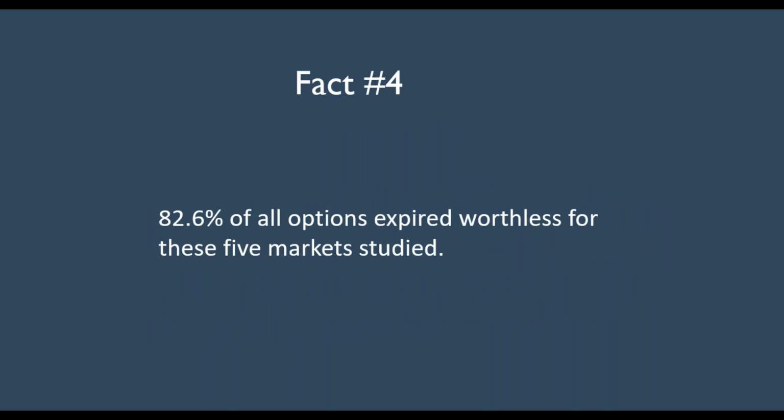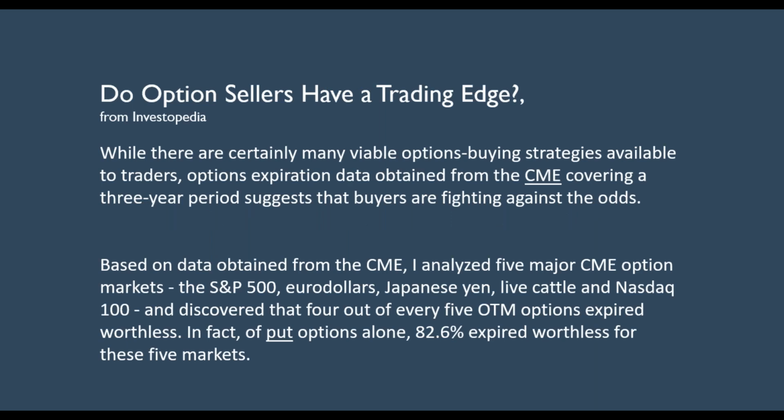Fact number 4, 82.6% of all options expire worthless for 5 markets that I studied. Again, this is information from Investopedia. While there are certainly many viable option buying strategies available to traders, option expiration data obtained from the CME covering a 3-year period suggests that buyers are fighting against the odds.